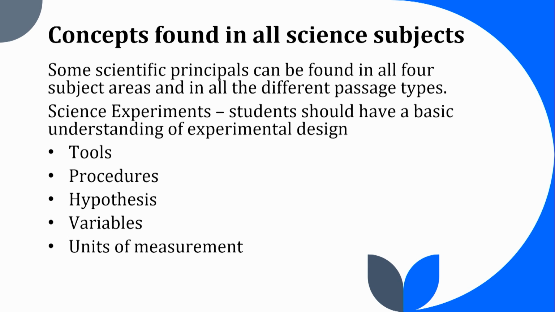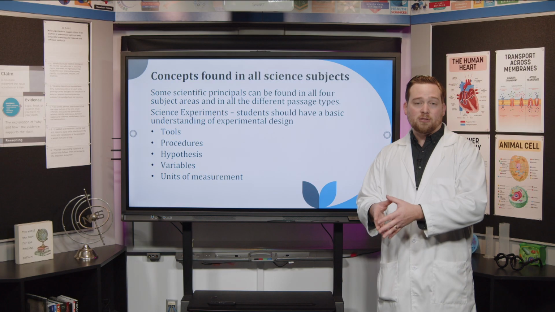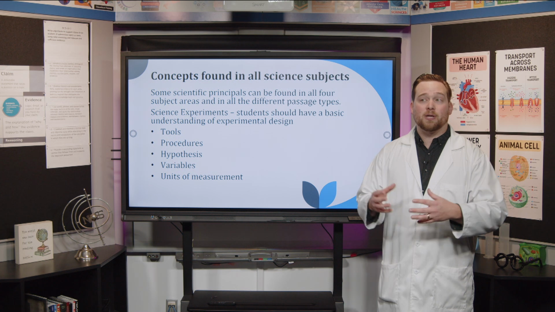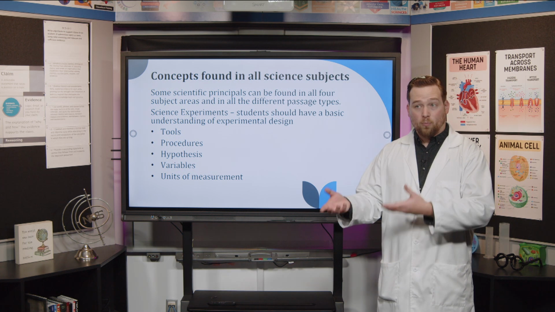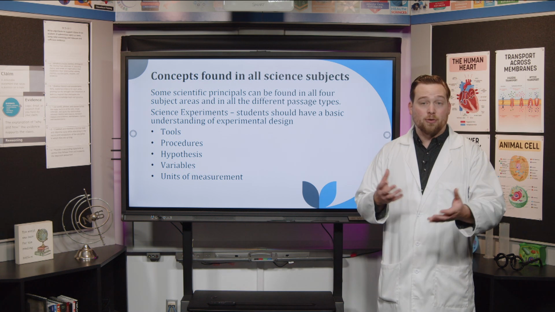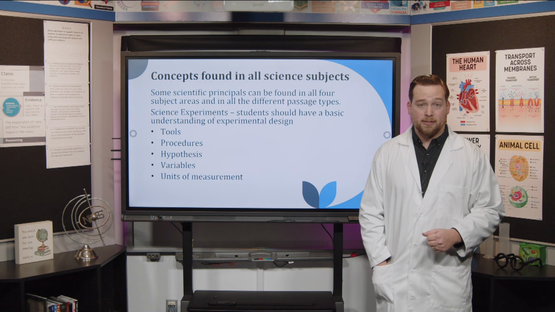We need to know what a hypothesis is. Why is a hypothesis so important? We're going to need to be able to identify different variables, so independent, dependent variables, and we're also going to talk about some of the different units of measurements. Some units of measurements you are expected to know walking into the test, and some units of measurements are given to you if they're used on the test. So that's some of the things we're going to talk about today.